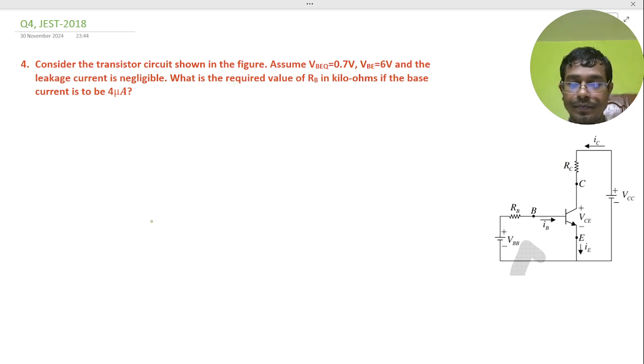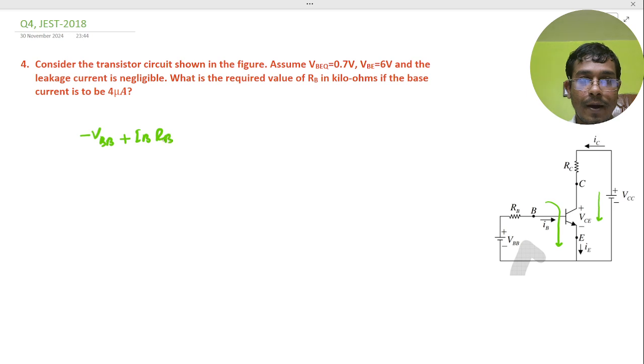So here we just apply KVL in this loop. These two loops we apply in every problem: minus VBB plus IB RB plus VBE equals 0.